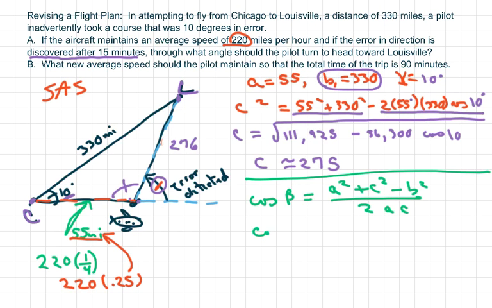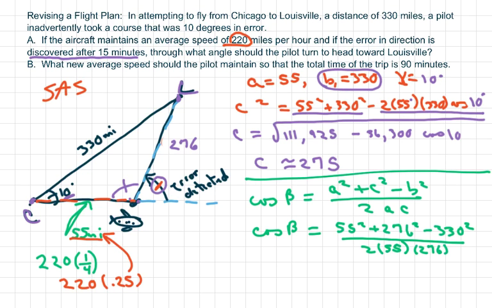So we get 55 squared plus 276 squared minus 330 squared over 2ac. Usually when I do this, I just look at these and copy these down.